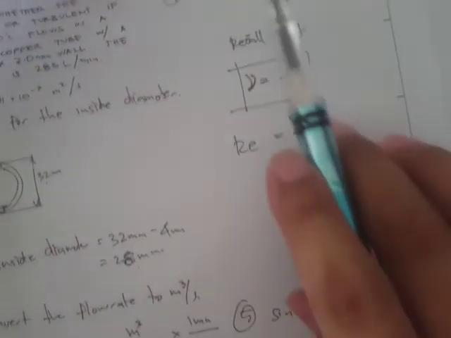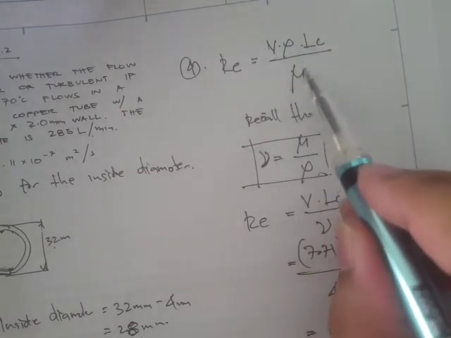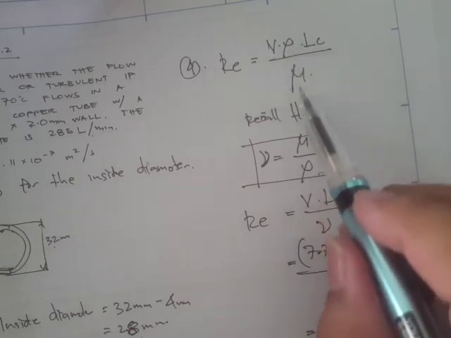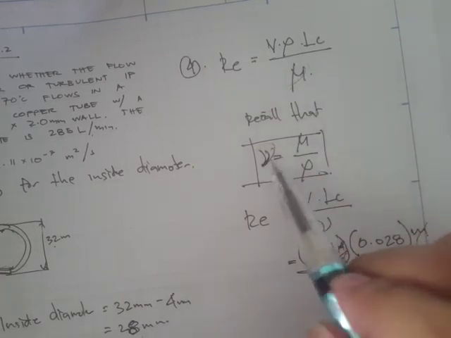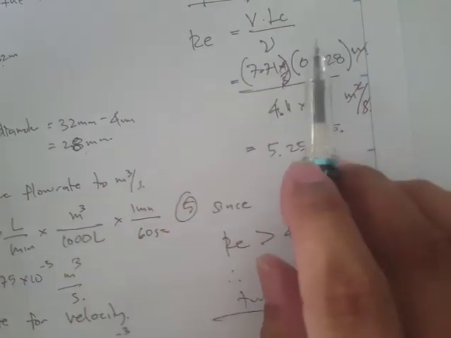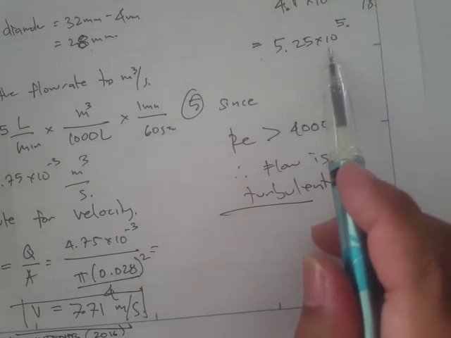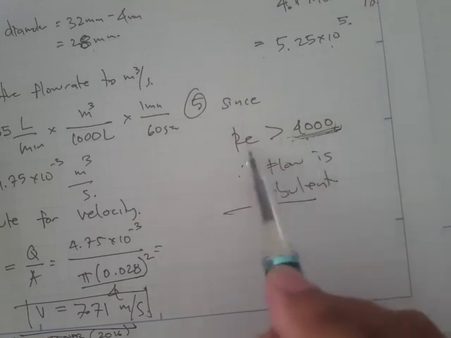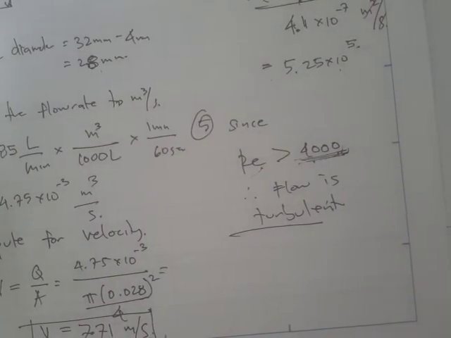Now that we have the velocity, but we're given the kinematic viscosity instead of mu, we apply the relationship between the two, which is simply mu divided by the density. Once we have that, we can solve for the Reynolds number and compare it to the critical Reynolds number, which is 4,000. Since our Reynolds number is greater than 4,000, the flow is turbulent.